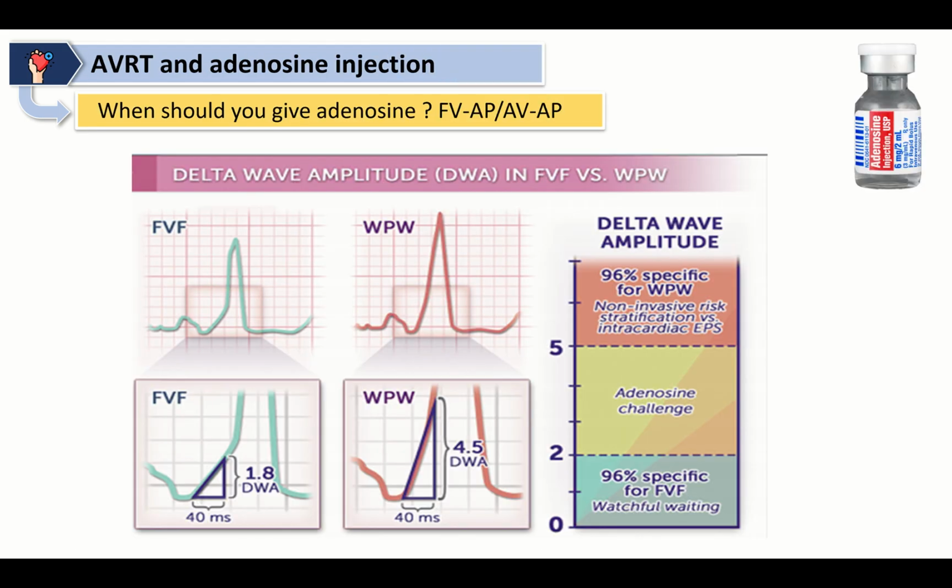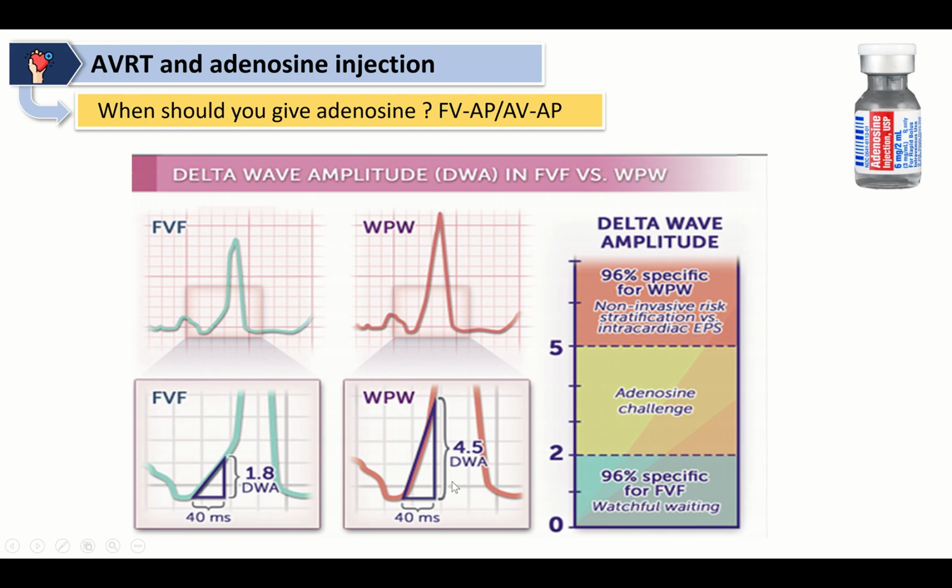Second rule, when you give adenosine in a typical accessory pathway, you will create more pre-excitation, and here we can see the amplitude of delta wave increase dramatically after adenosine.